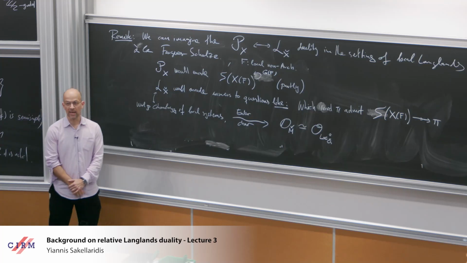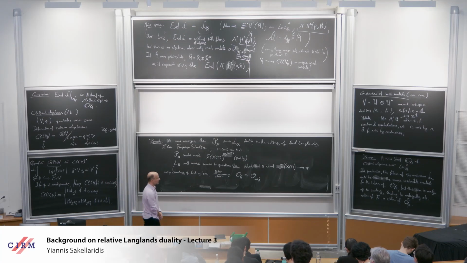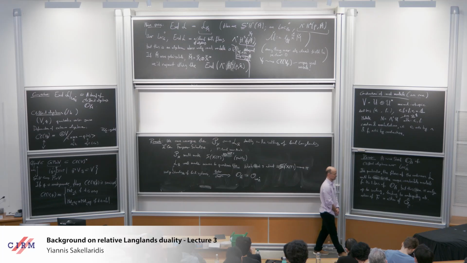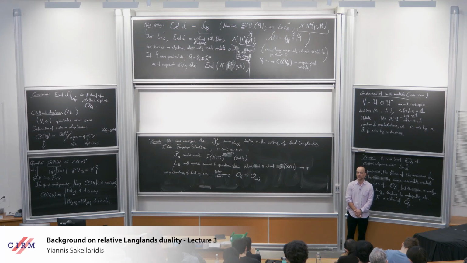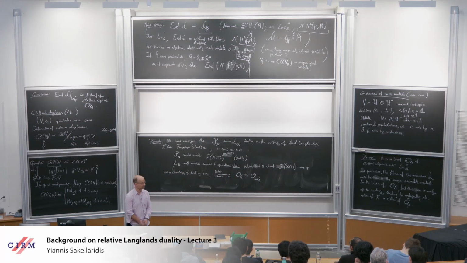However, we know from Gan-Gross-Prasad that the question of distinction has a very interesting answer. And that answer depends on the action of the stabilizer of the Langlands parameter. It depends on a certain character that one attaches to the stabilizer of the Langlands parameter.